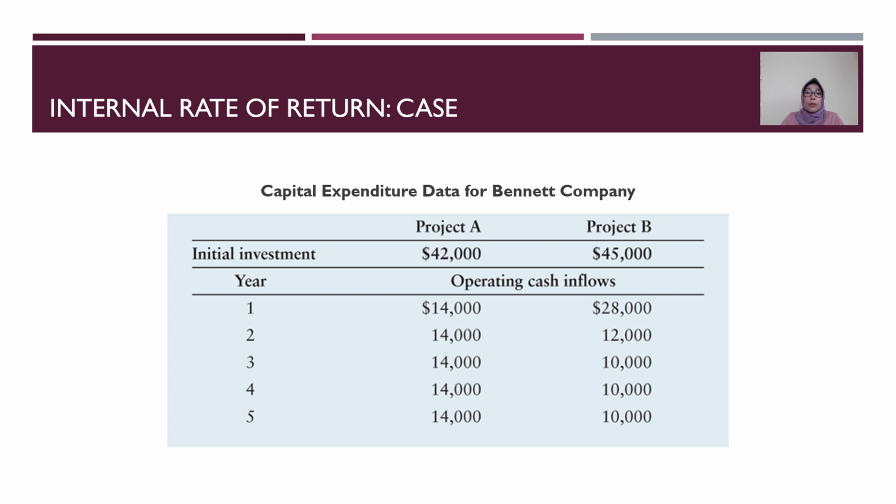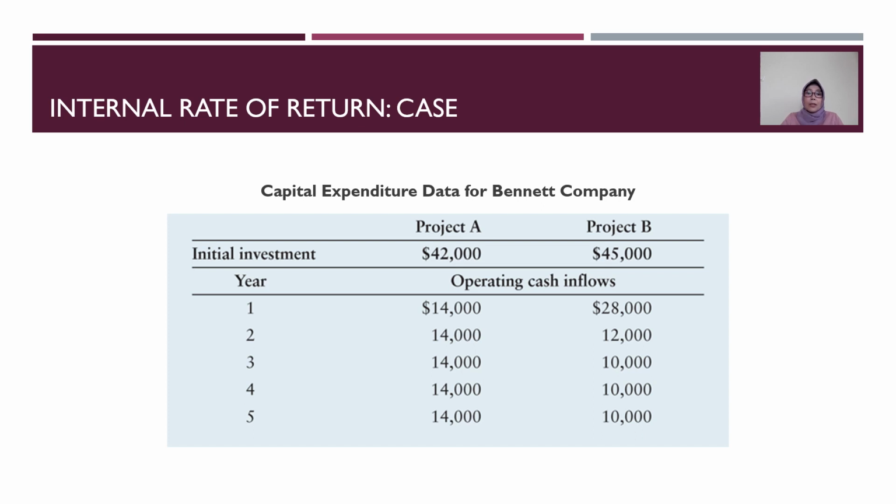Calculating the internal rate of return with an annuity operating cash inflow is a little bit simpler than for project B, because project B has a mixed stream. So the steps to calculate the internal rate of return for project B are quite a bit longer than for project A.